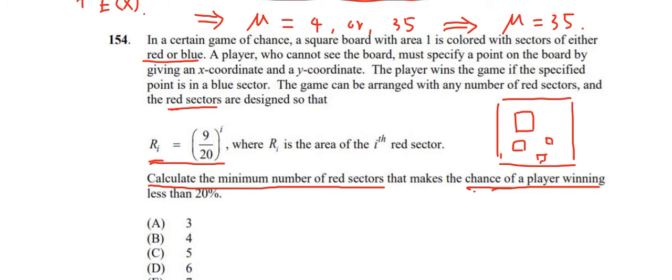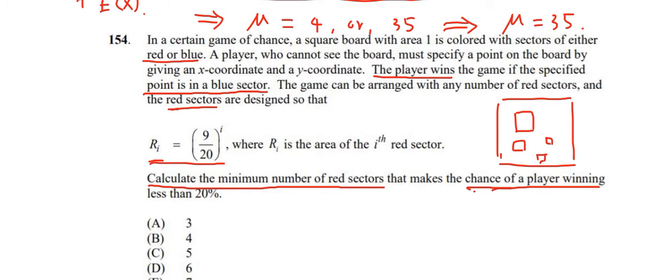So what is the chance this player can win? The player wins if the point is in the blue section. If we put it in the red one, then this guy will lose.